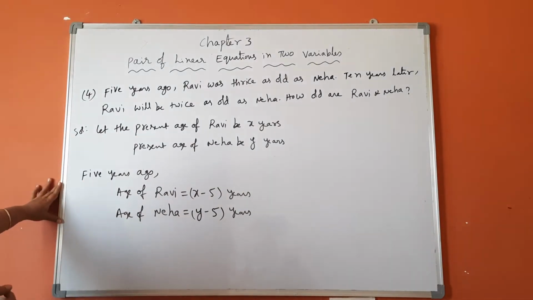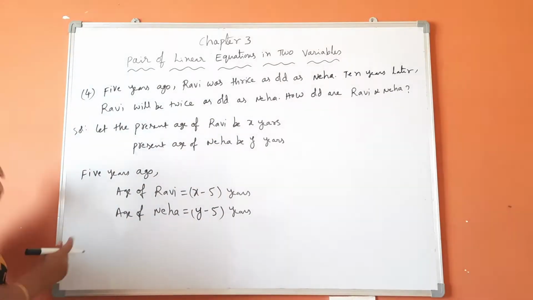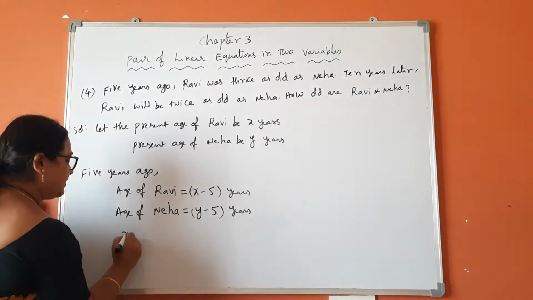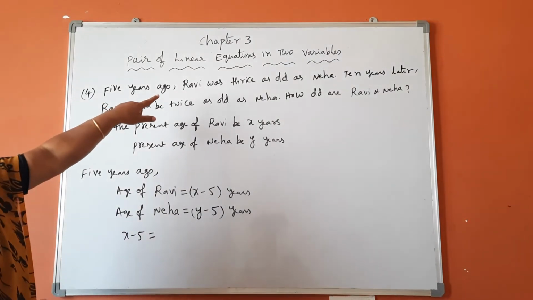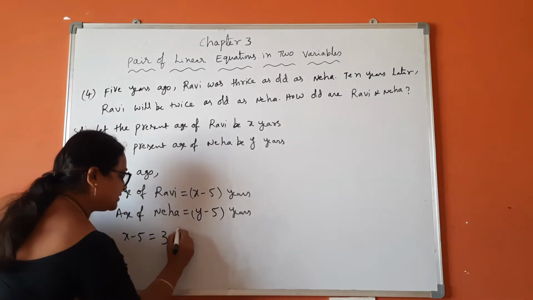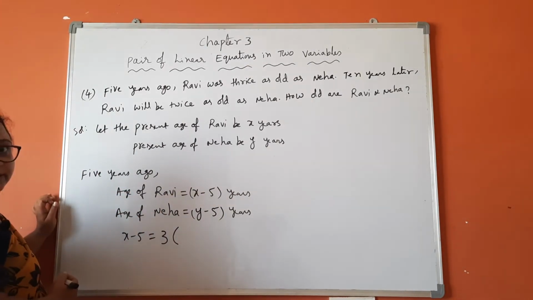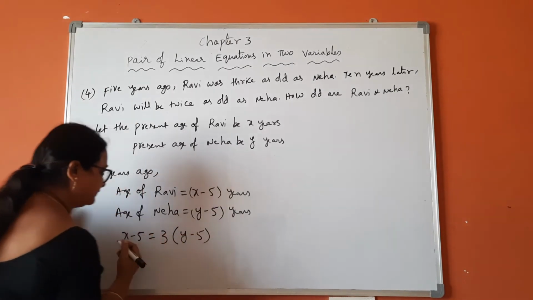Now what is the condition? 5 years ago, what is the age of Ravi? X minus 5 is equal to, Ravi was thrice as old as Neha. Thrice means 3 times. Age of Neha 5 years ago, so Y minus 5.